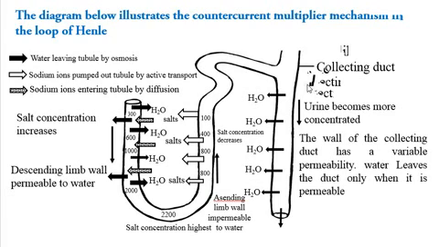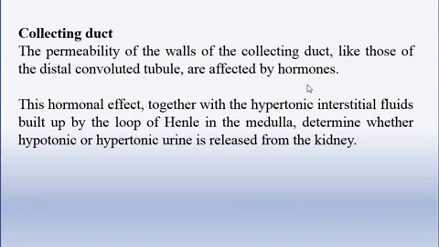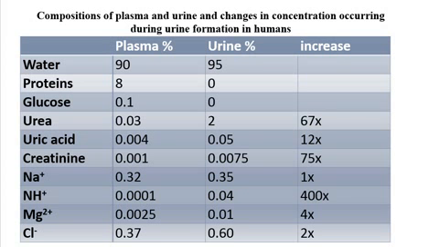What happens is that in the collecting duct and also sometimes the distal convoluted tubule, the permeability of those tubules to water depends on the effect of hormones, as we are going to see in osmoregulation. In the table, we are seeing the percentage concentration of substances in blood plasma and also urine.